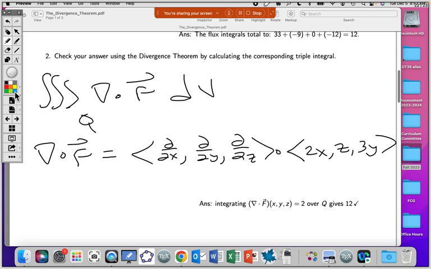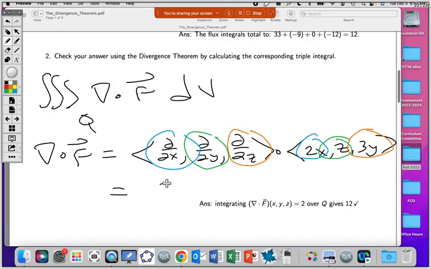And we just do this as any other dot product. 2 plus 0 plus 0 is 2.